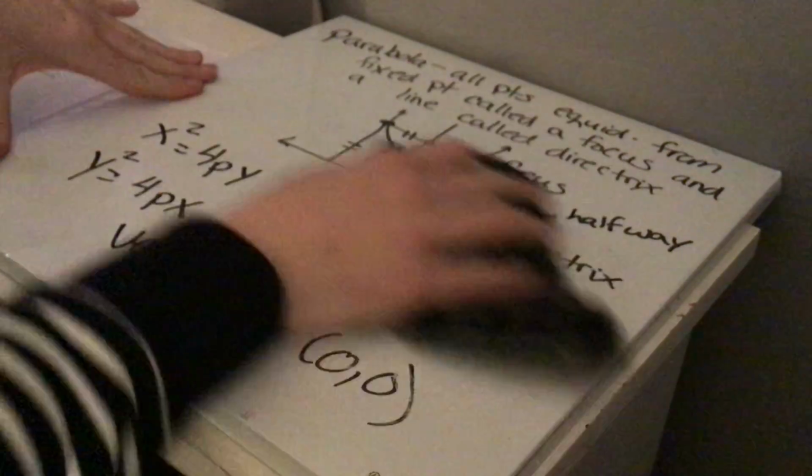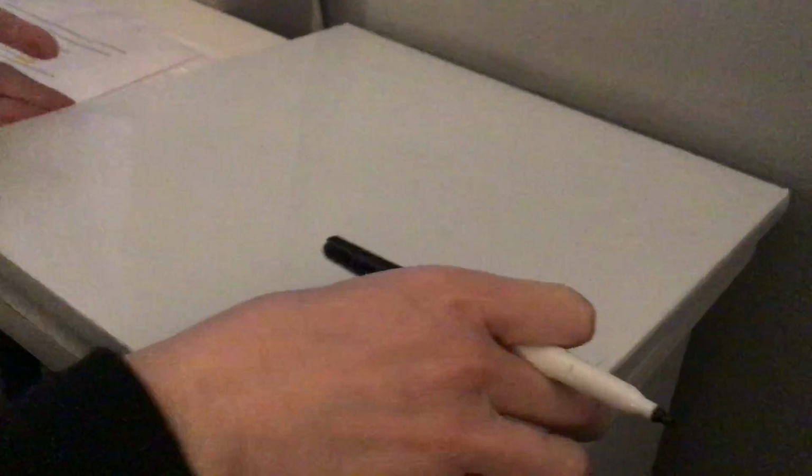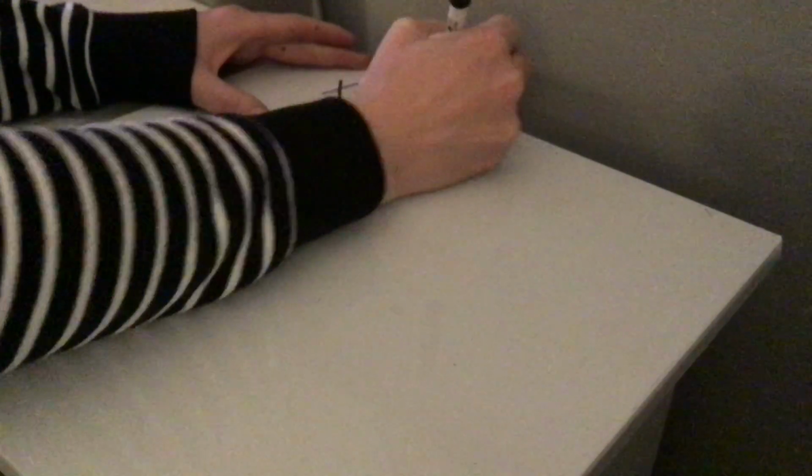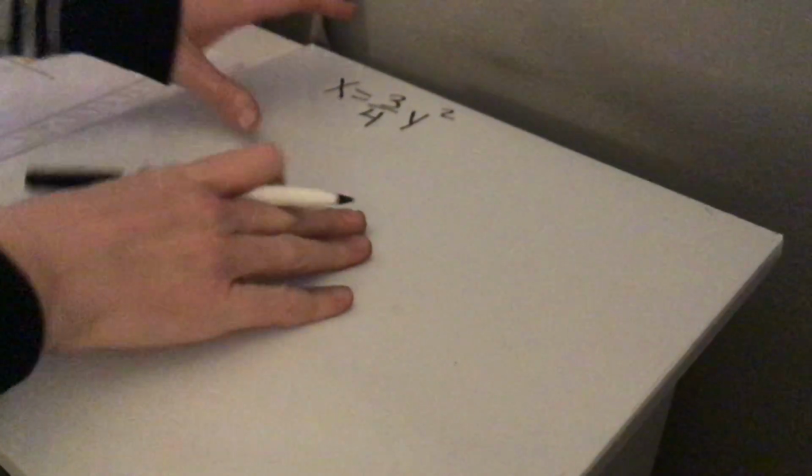All right. So working with these forms, okay? We want to identify the focus and the directrix and draw the parabola for x equals 3/4 y squared. Well, the first thing you have to do, and we always do this, is put it in standard form.